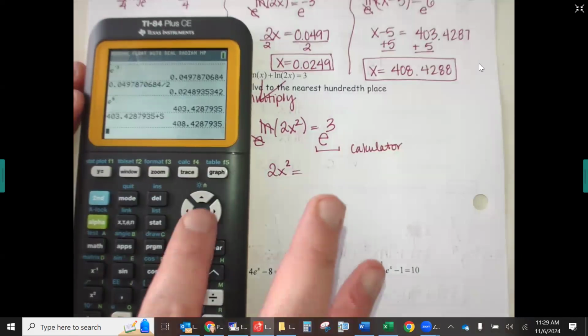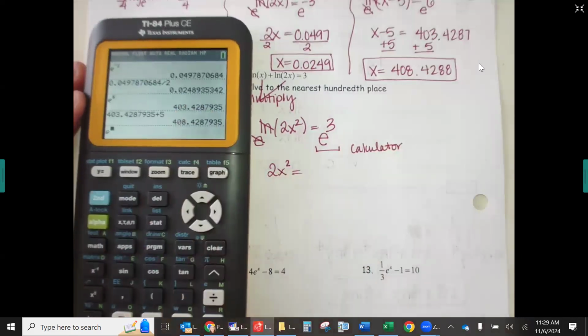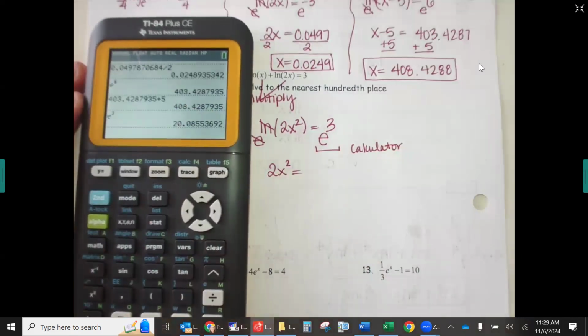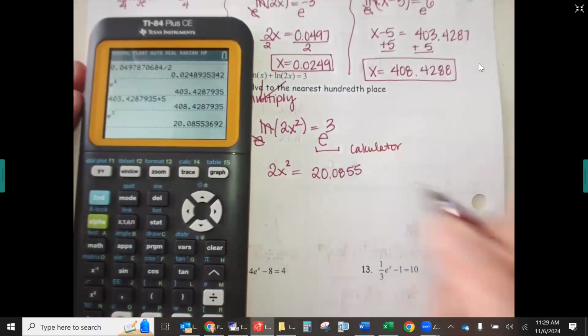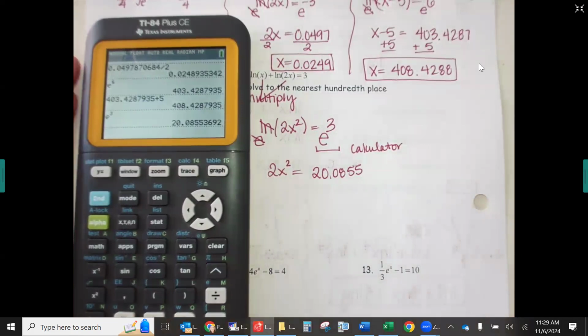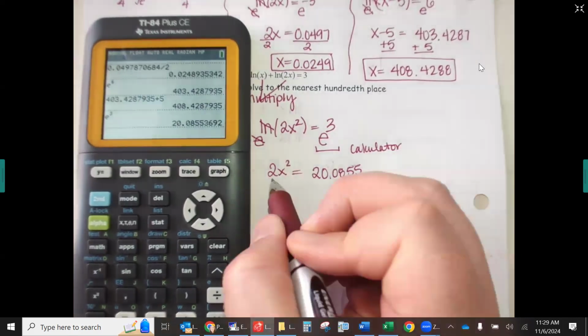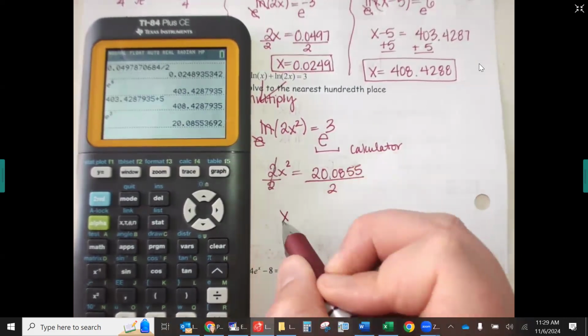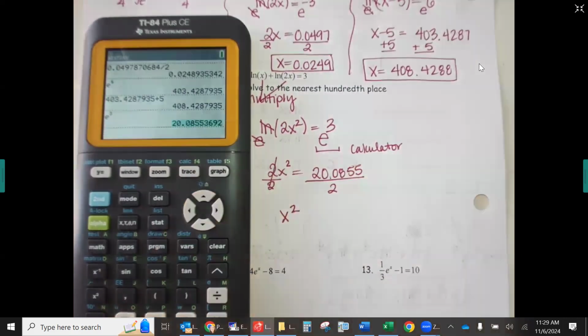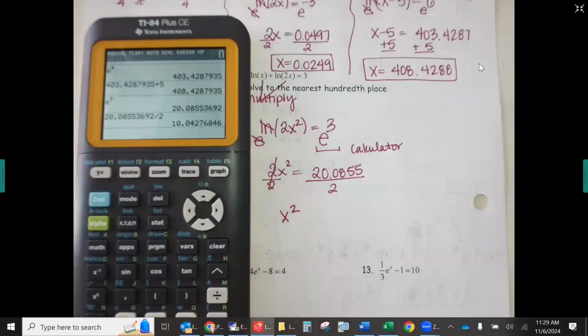So I have 2x squared equals, and then remember, we're just putting that into the e to the 3. Okay, e to the 3 is the same thing it was before, it's about 20. What would my next step be? Do I take the square root or do I divide the 2? You should divide the 2 first. So I'm going to divide this guy by 2. In the calculator, remember, I'm taking the whole decimal, divide by 2.